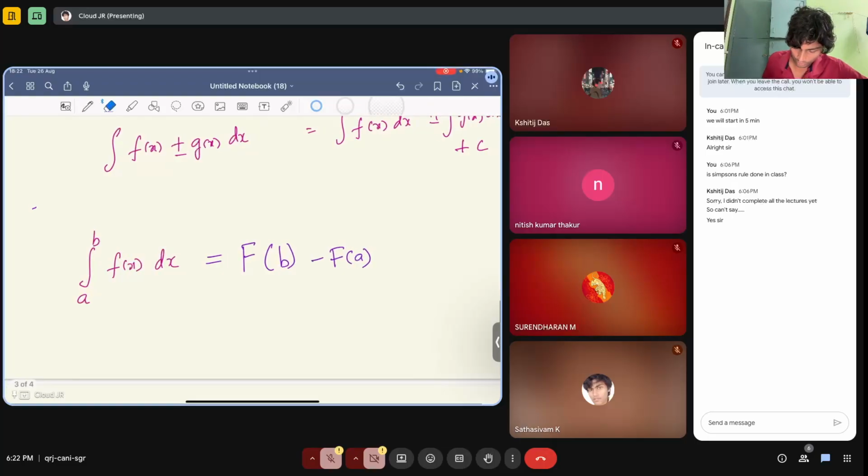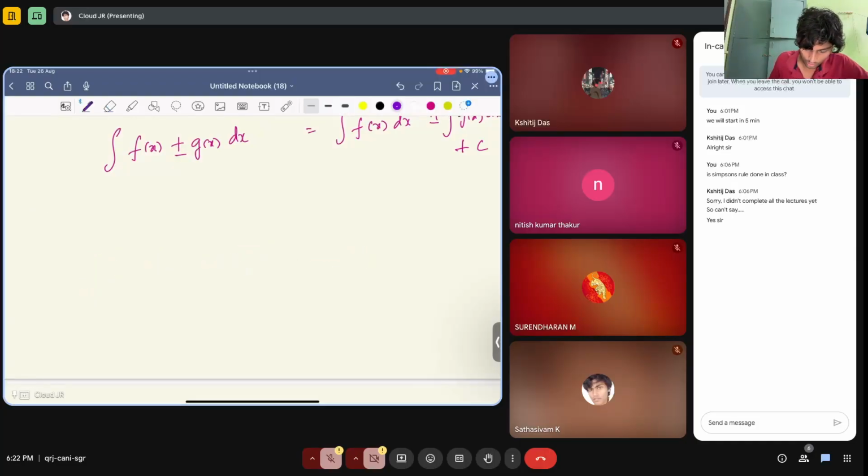So probably I will write the statement properly. So this is basically the second fundamental theorem of calculus. So it's a very useful statement.